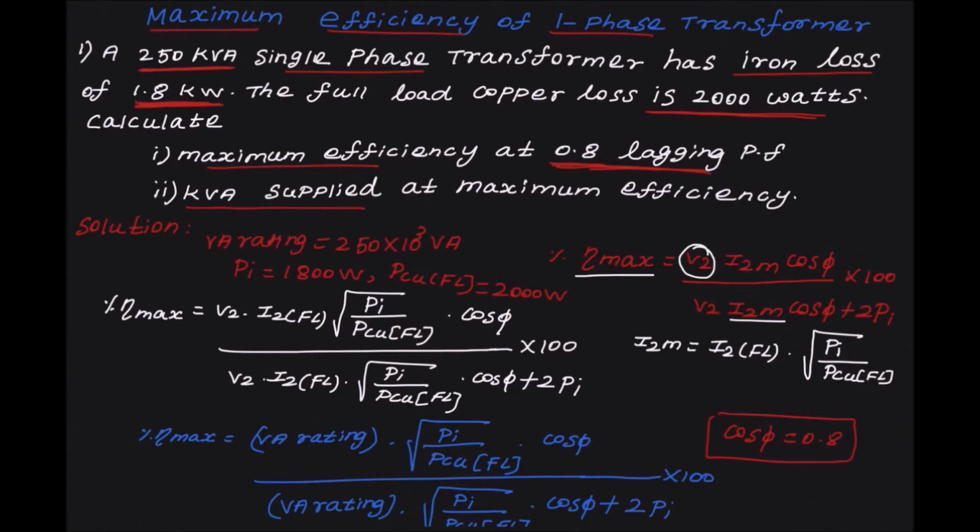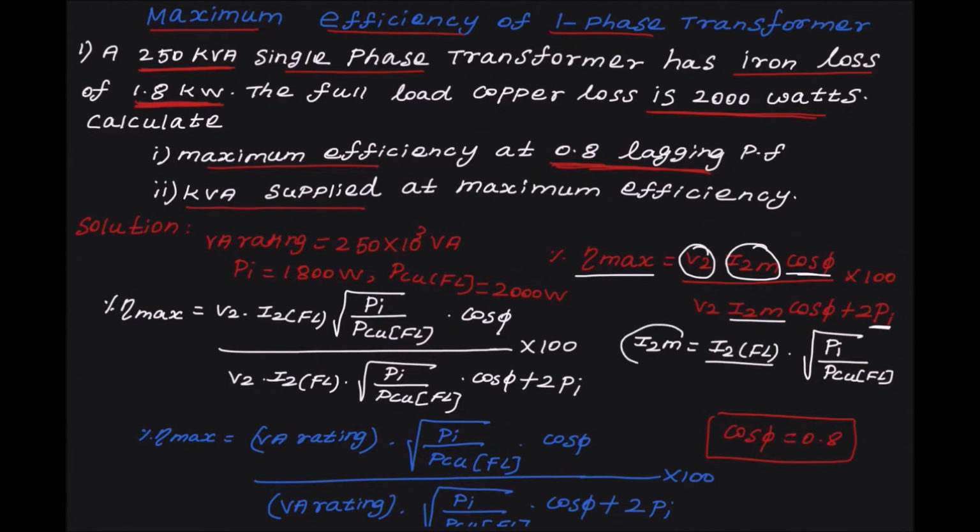In this, V2 is the terminal voltage across the load, I2M is the load current at maximum efficiency, cos phi is the load power factor and Pi is the iron loss. In this, I2M is equal to I2 full load, the full load secondary current, into root of Pi, iron loss, divided by full load copper loss. This is the formula for I2M.